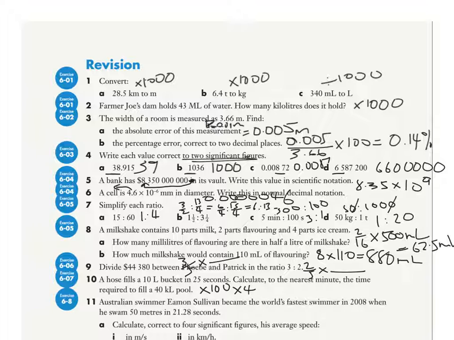Then we're going to times by 40 to get up to 40 kilolitres. Now, we also do that to the seconds. So 25 times 100 times 40 gets us 100,000 seconds. Divide by 60 and you get to the nearest minute 1667.